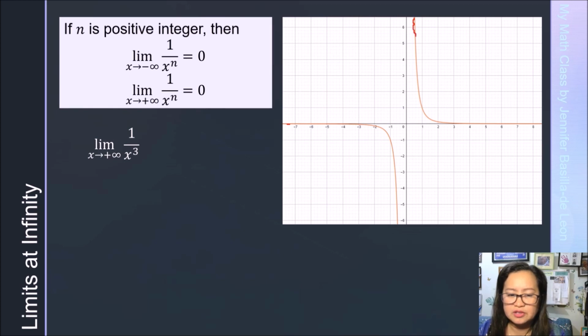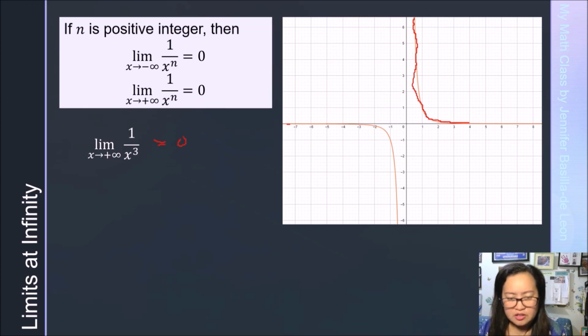From left to right, going to positive infinity. Now take note that the graph is asymptotic to 0. Therefore, this is equal to 0.